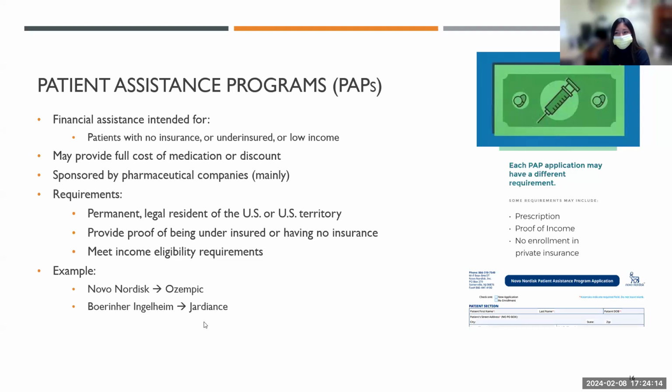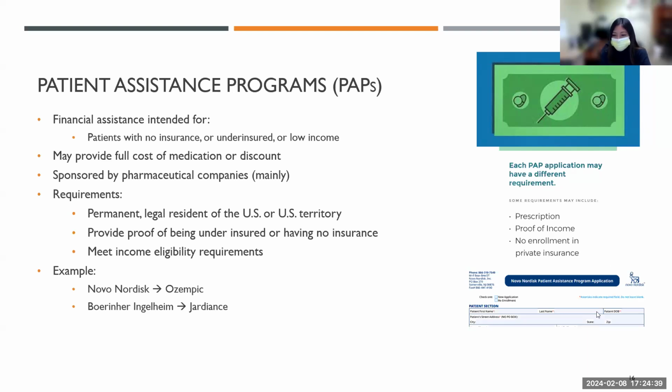If you go to the Jardiance website, they don't have the information. You will need to go to Boehringer Ingelheim, which is the actual manufacturer website, and they will have information about how to enroll. And just to reiterate, each patient assistance program is unique in its income eligibility requirements.